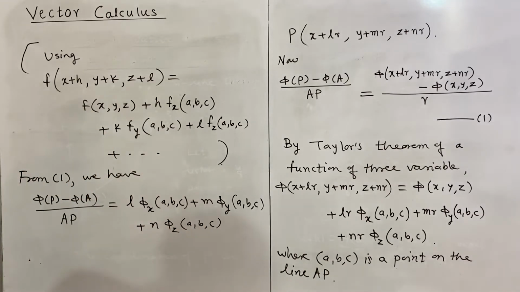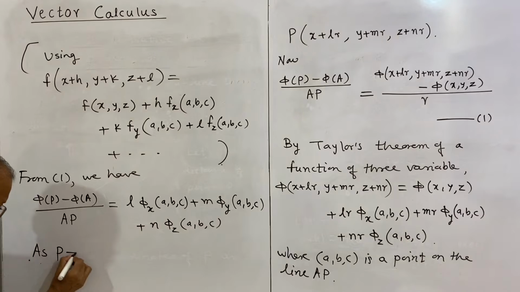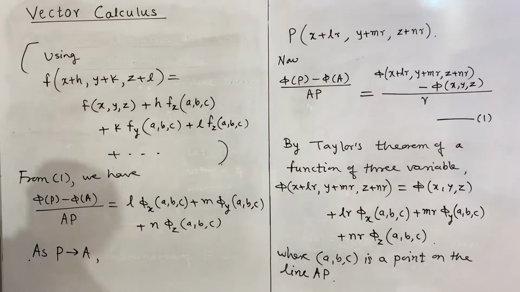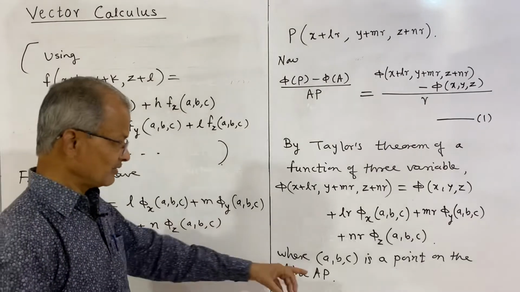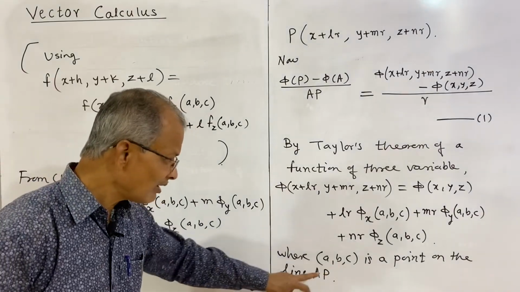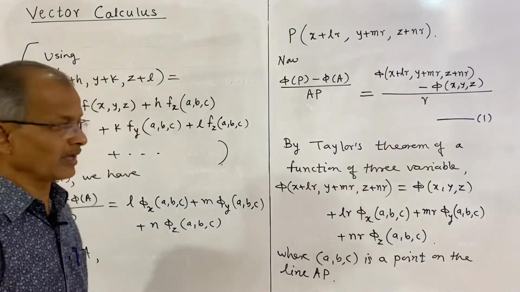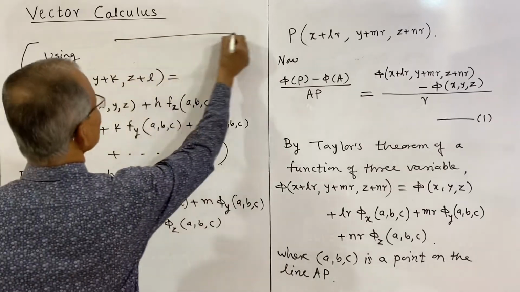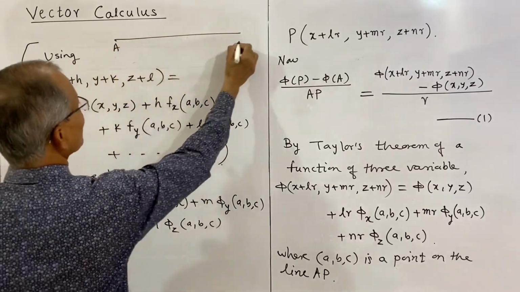Now, what we want to find is the directional derivative, which means we want to take the limit of this as P tends to A. Now, as P tends to A, what about this point ABC? ABC is a point on the line AP, so it will also approach A. See, this is the line AP.